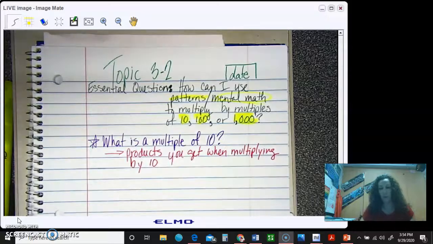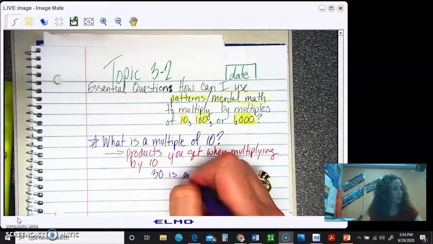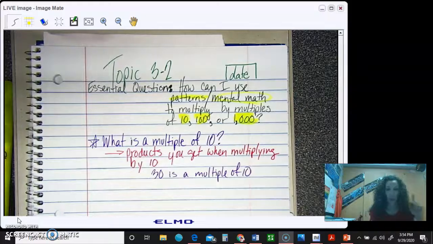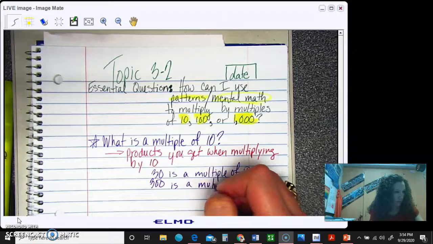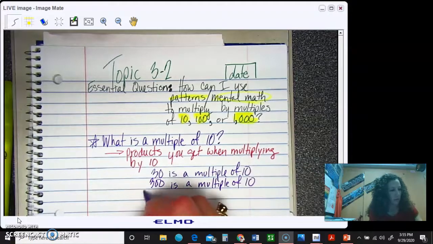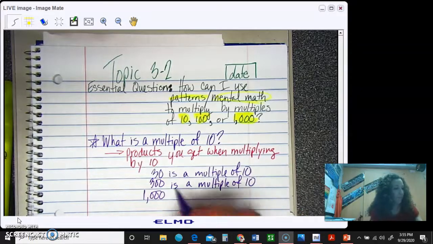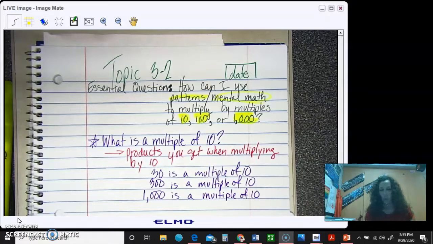Okay, so for example, 30 is a multiple of 10. 300 is a multiple of 10. 1,000, I could have said 3,000, but I wanted to mix it up on you, is a multiple of 10.